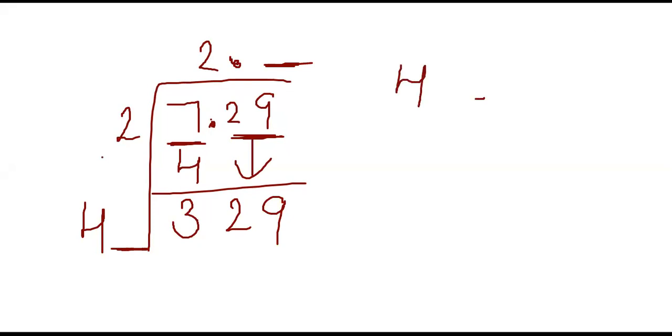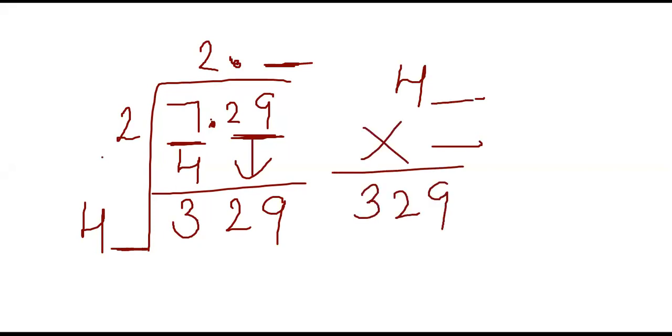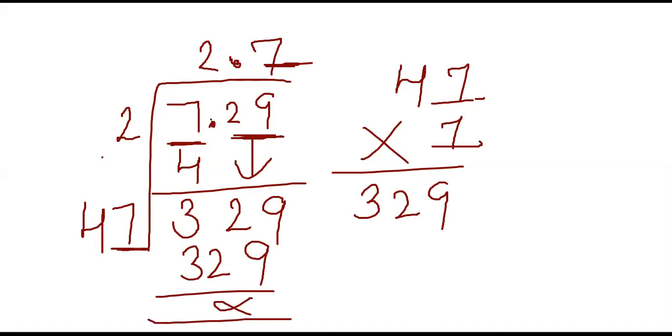Either it can be the number 3 or the number 4 on which this will go. So we can take here 7, right? On 7 it will go. So the answer will be 2.7 here.